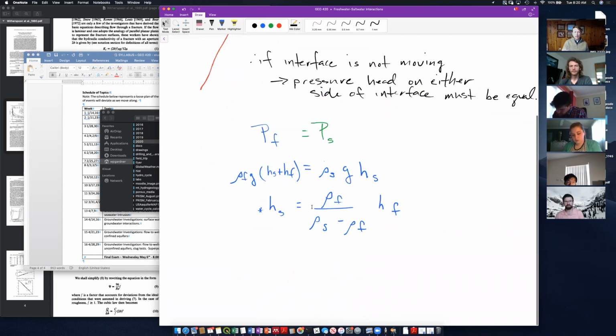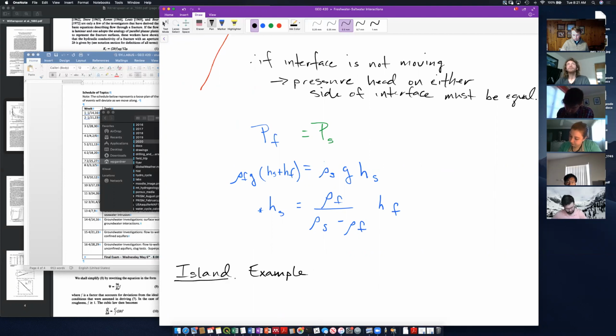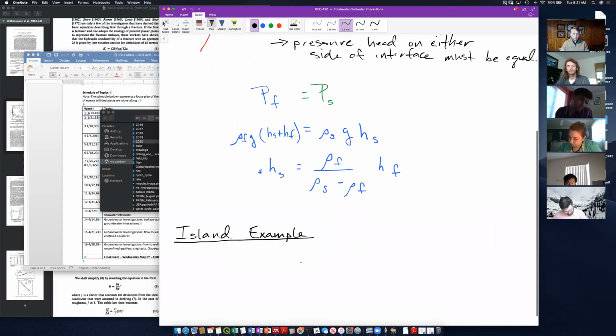So let's look at an example of this in practice, and this is the island example. So here we're gonna go to Hawaii. All right, we've got some island.